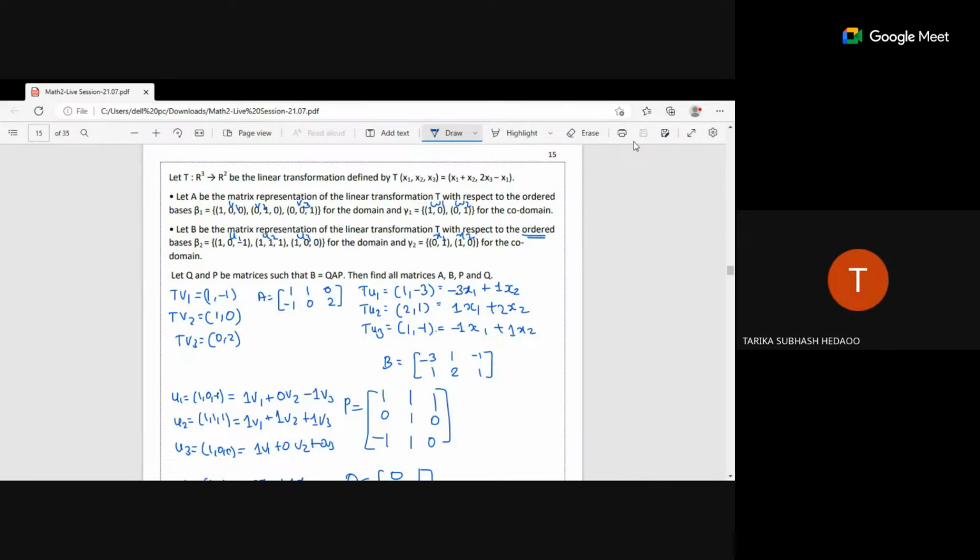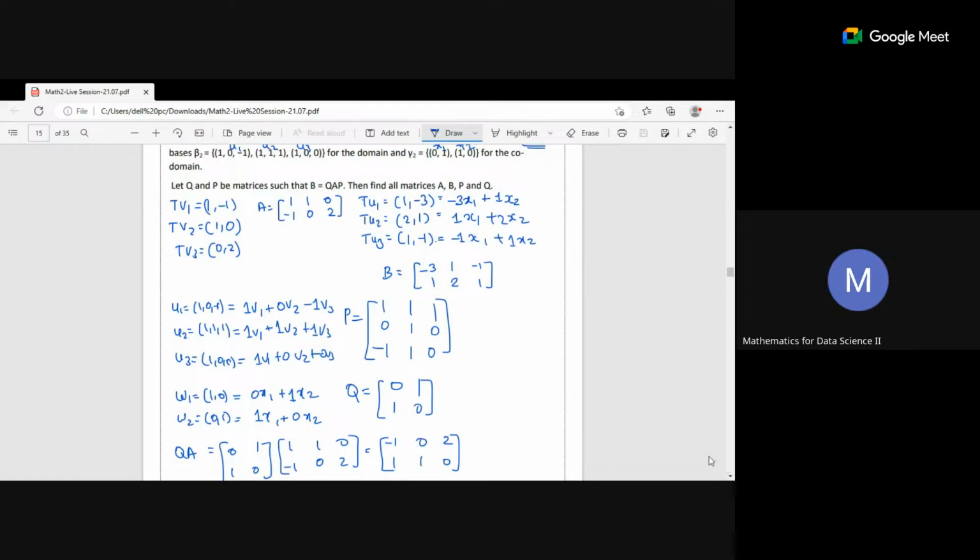Ma'am, can you just explain how you found Q from W to X? Yeah. How do you find Q? You have to write gamma 1 in terms of the elements of gamma 2. So gamma 2 is 0, 1, 1, 0.